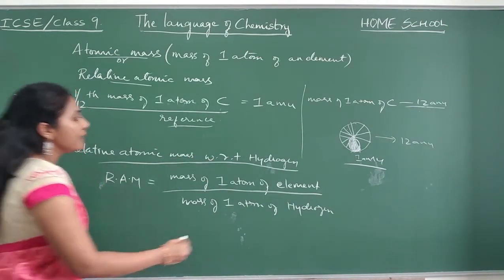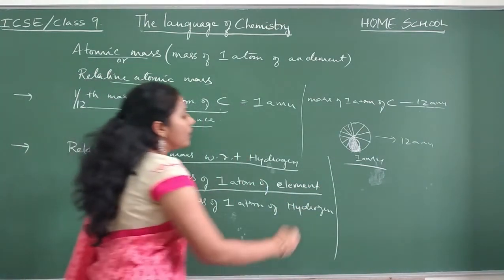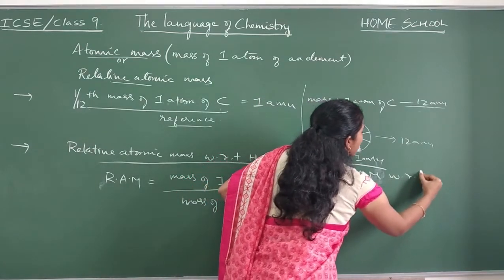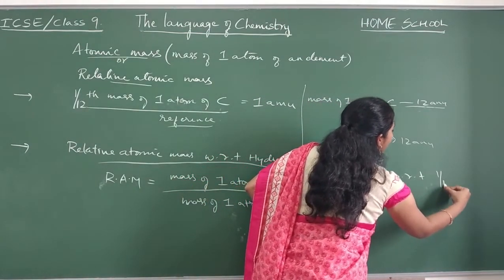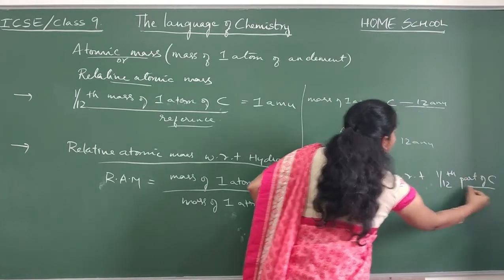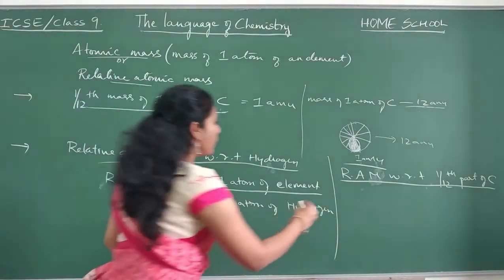Okay, and relative atomic mass with respect to 1 by 12th part of carbon. How do you write its formula?